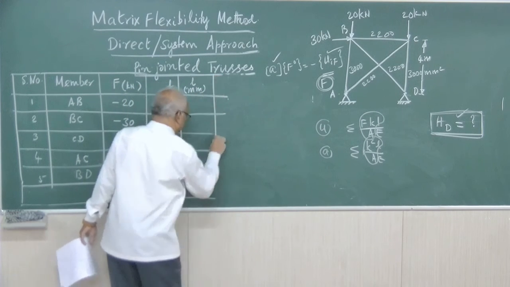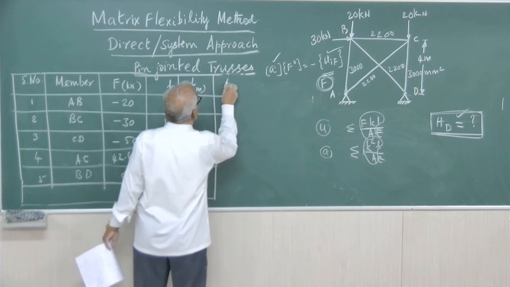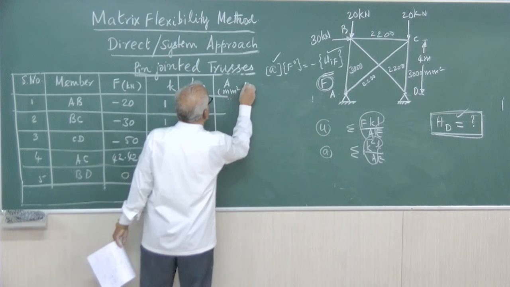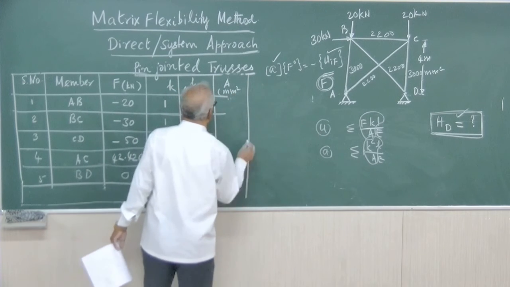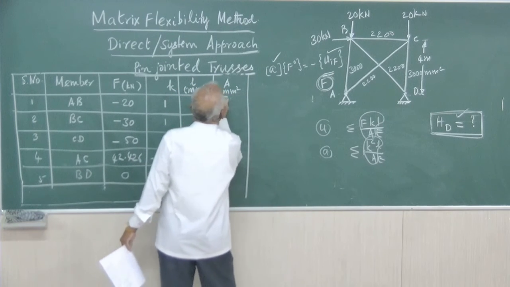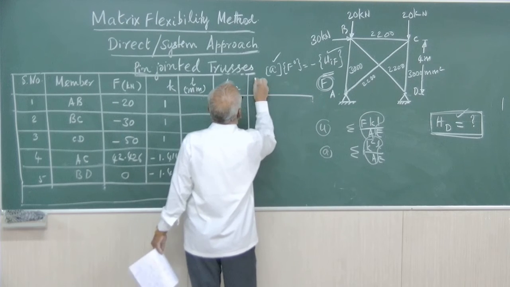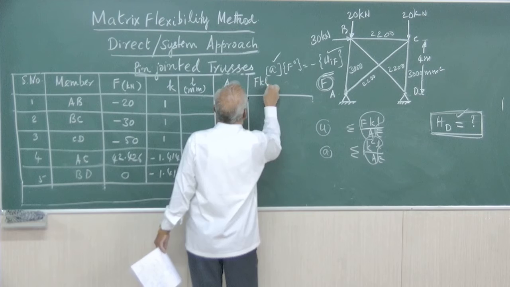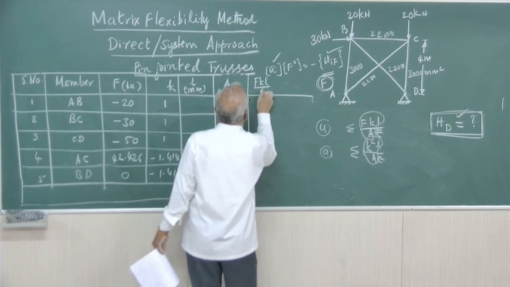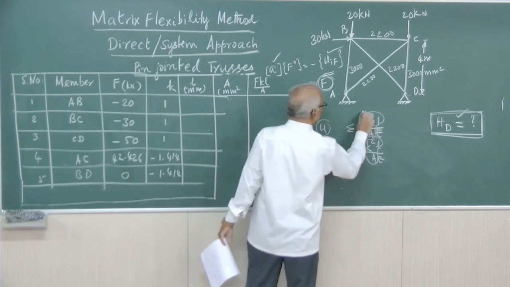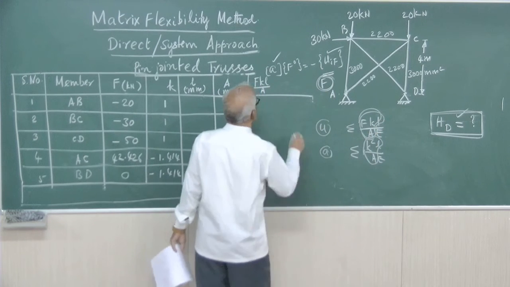Then we will provide one more column for area, that is different for different members. Area in millimeter square. Then FKL by A, because FKL by A we have to find out.